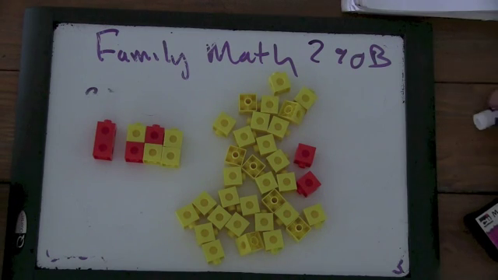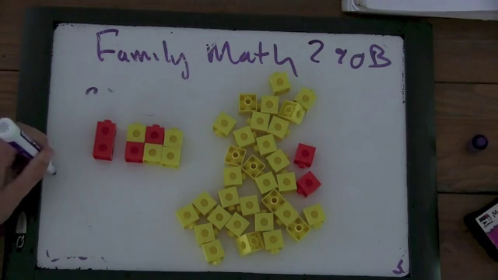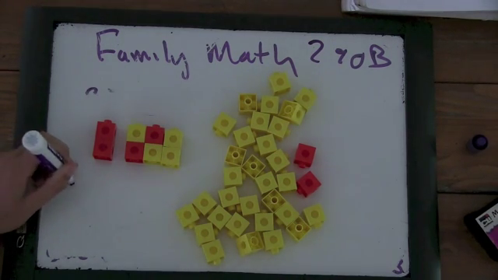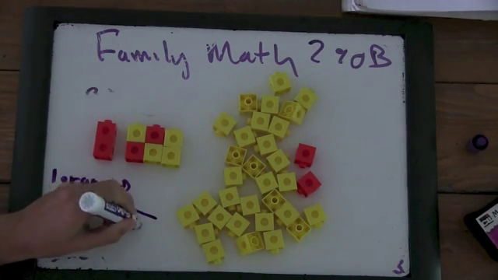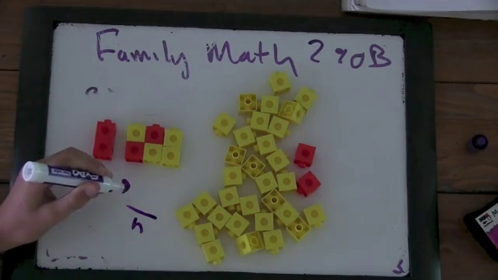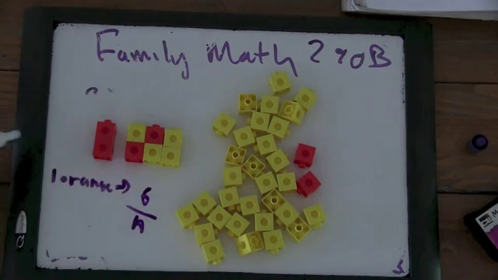You wanna write some stuff down? Yeah. So the probability of picking 1 orange is 1 orange over n. There were 6 oranges, right? Yep. So it's 6 over n.